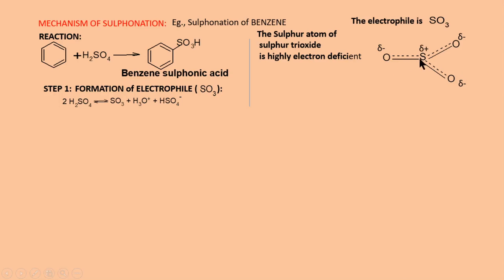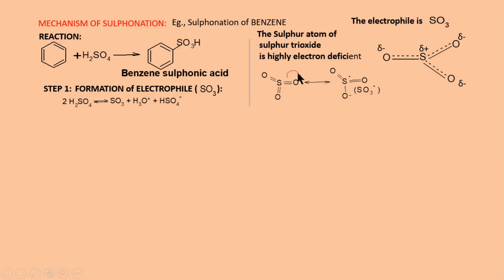The electrons of sulfur are attracted towards each of the oxygens, but there is only one sulfur. Each one is attracting the electrons towards itself and gets a small negative charge. Delta represents small negative charges. So the sulfur becomes highly electron deficient. So when it attacks the molecule, this is the sulfur trioxide structure.